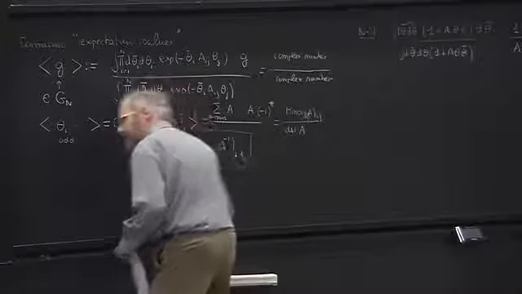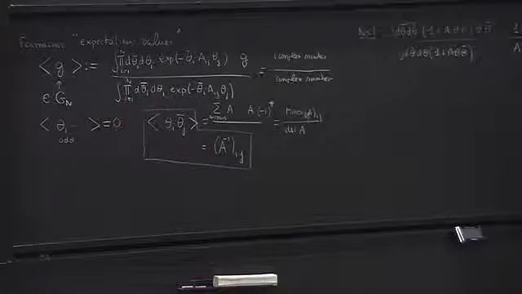And that's something similar to what we have for Gaussian integration. Remember, for Gaussian integration, the expectation value of Zi, Z bar G, is A minus 1 of IG. This is Wick's theorem.